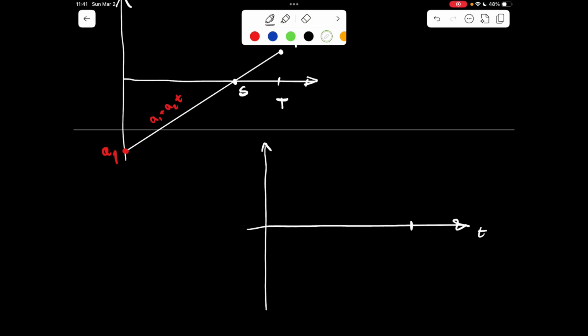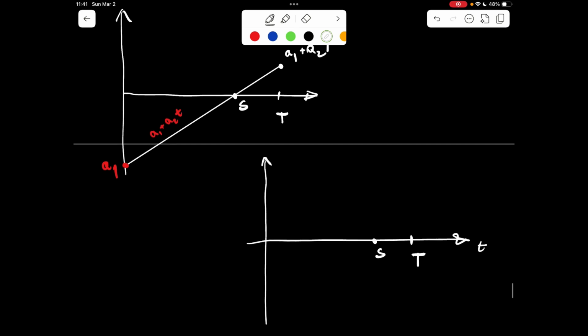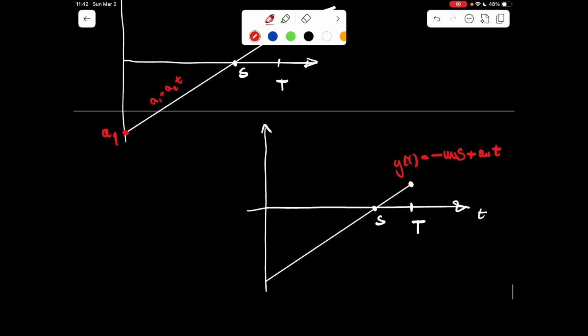Let's turn this problem into another but equivalent form. This is t, this is s, and we are looking for a line that is 0 in time s, and its time differential is m. This function is minus ms plus mt because in s it is 0.